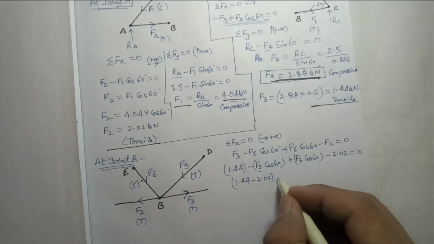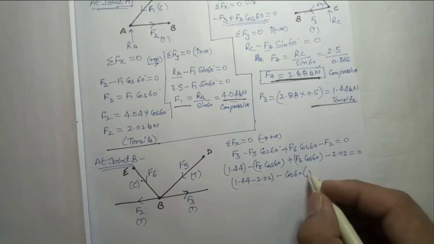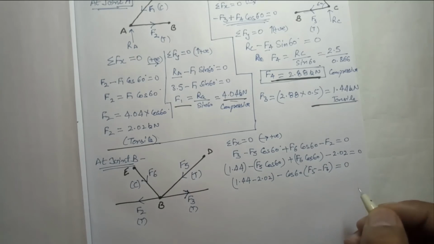Now from here I can take one common, cos 60, that will be F5 minus F6, that is equal to 0.